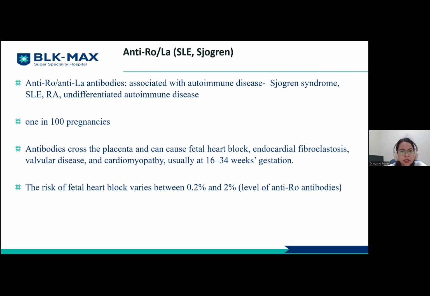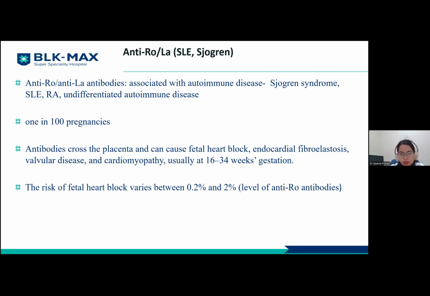The last one is anti-Ro and anti-La antibodies, which can be found in a few autoimmune disorders like Sjogren's syndrome, SLE, rheumatoid arthritis, and undifferentiated autoimmune disease. It's found in 1 in 100 pregnancies. The antibodies usually cross the placenta and cause apoptosis, inflammation, and fibrosis.